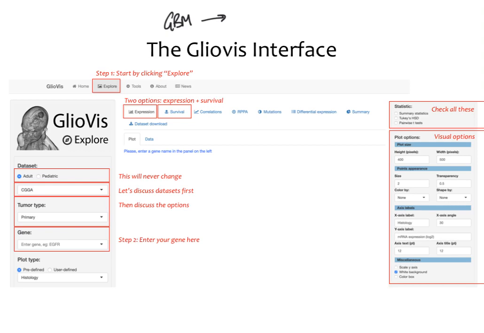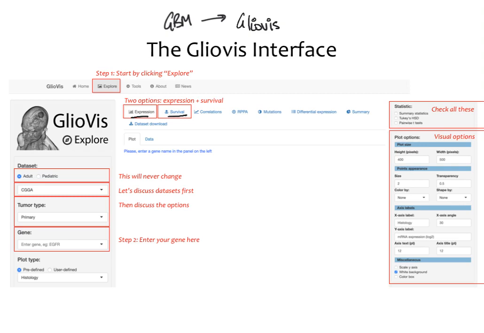So for GBM, there is this great interface called GlioVis. And this is data from about 500 patients organized into different data sets where we can look at various different options. So here we can look at expression and we can look at survival.